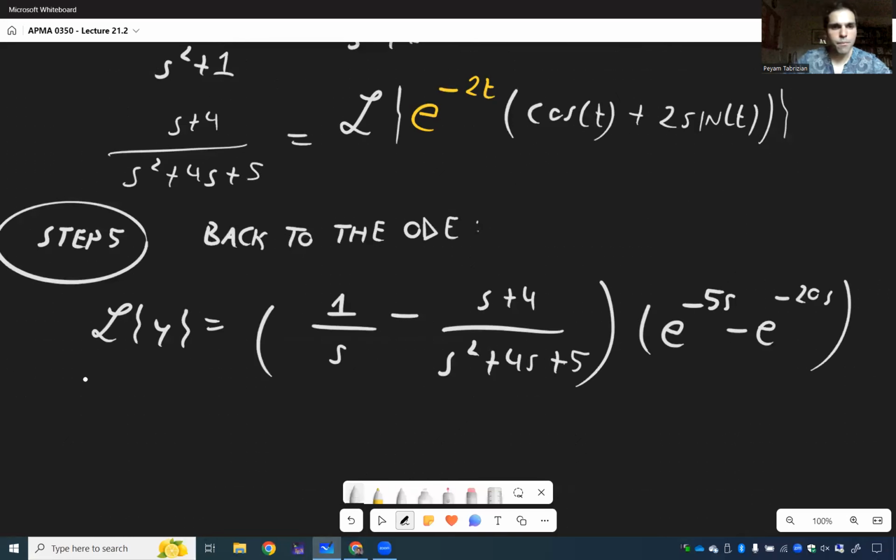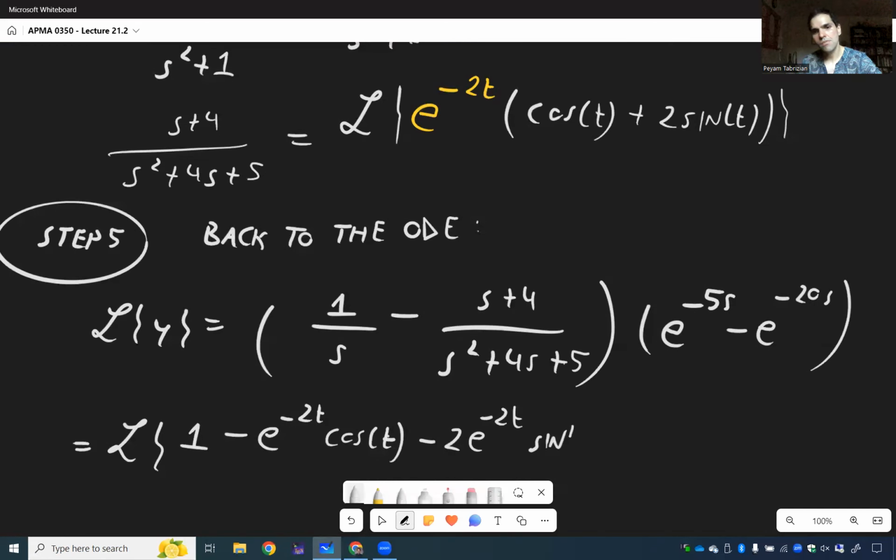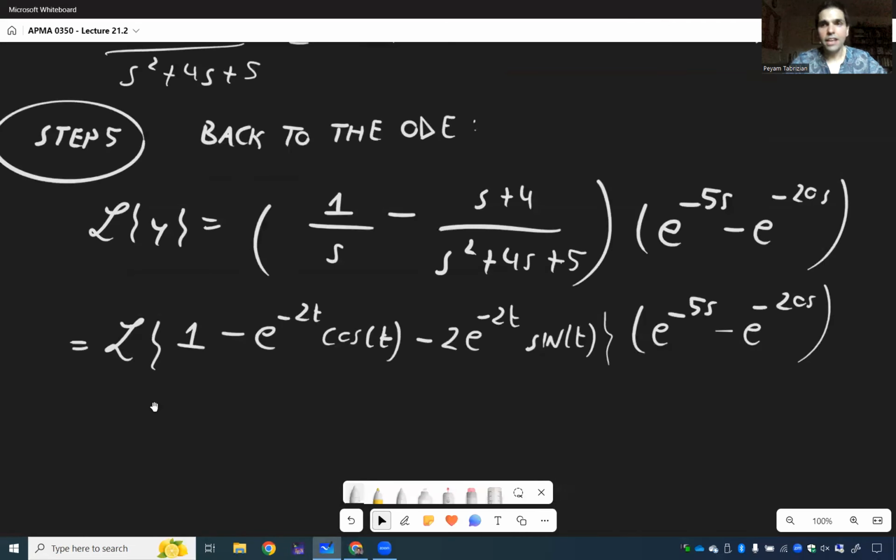All right, and remember what this becomes. So 1 over s was the Laplace transform of 1. The other term is e to the minus 2t cosine t, and then minus 2e to the minus 2t sine of t, times e to the minus 5s minus e to the minus 20s. And remember, this becomes very long, so let's call all that h.